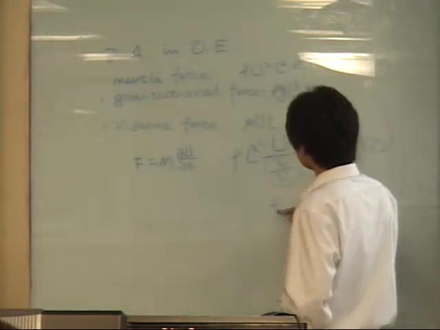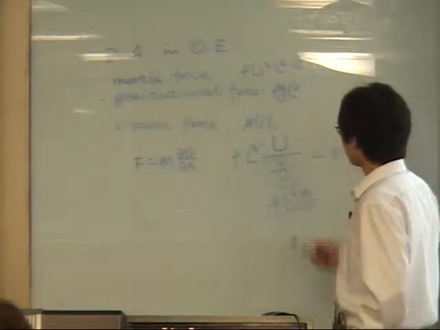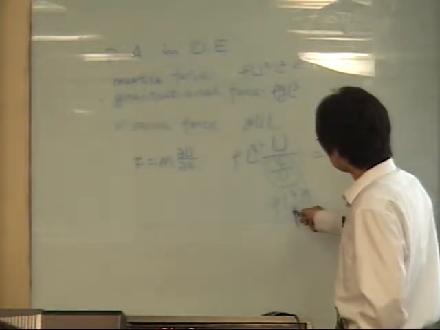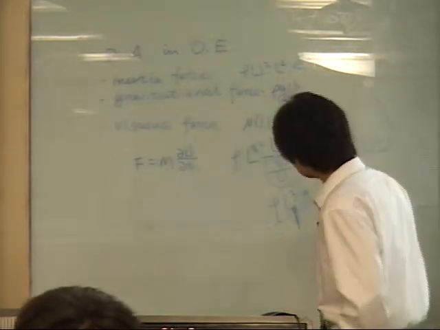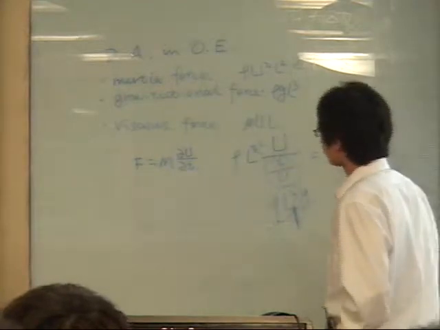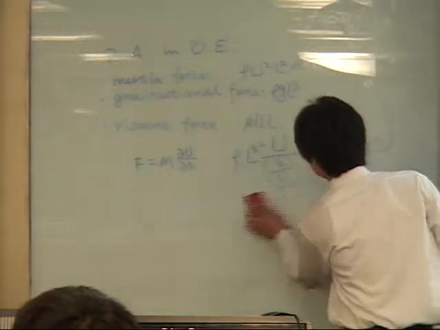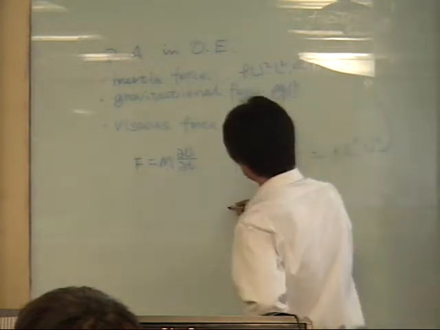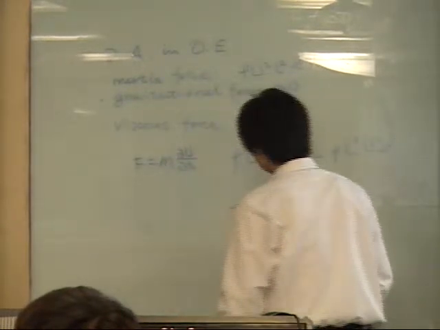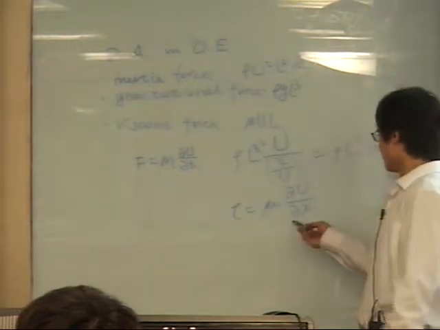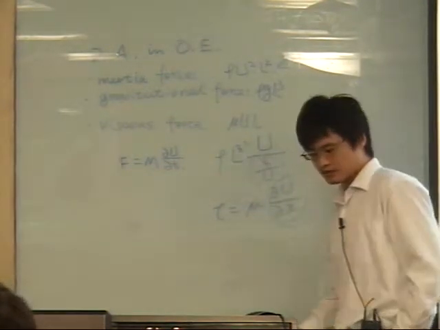Gravitational force, this is straightforward, obvious: rho L cubed g. This is the volume times the density times the gravitational acceleration. What is viscous force? So any of you remember this thing? Stress is dU/dx times the dynamic viscosity.